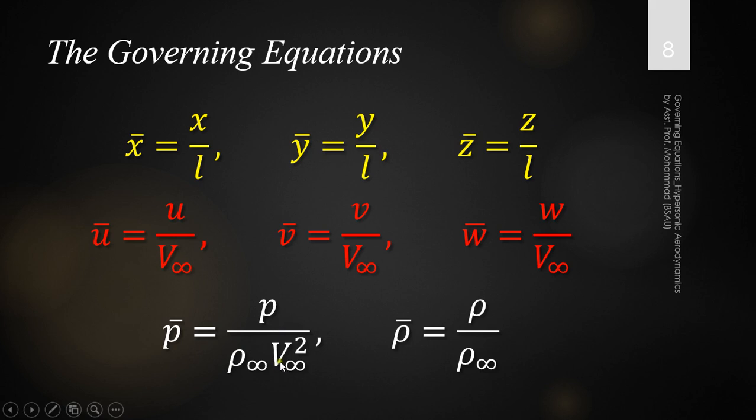If we take p infinity, no doubt that also will be a non-dimensional parameter, but it will not help us in solving and making life easier. After calculations, estimations and observation, scientists have found that this is helping. So we go for rho v square as the non-dimensionalizing reference value for the pressure.